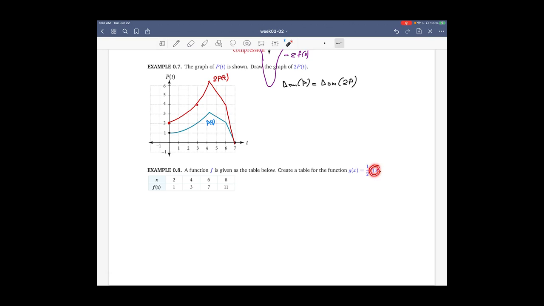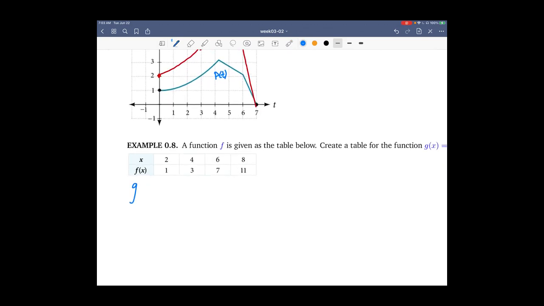We multiply the function itself. All you need to do is to multiply all values of f by 1/2. It'll be a compression with a factor of 2.